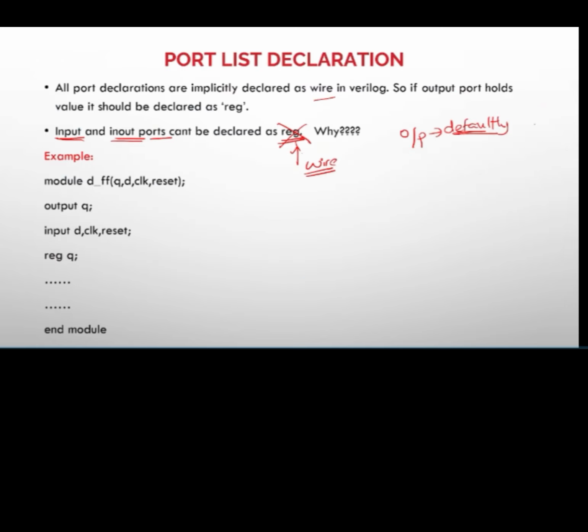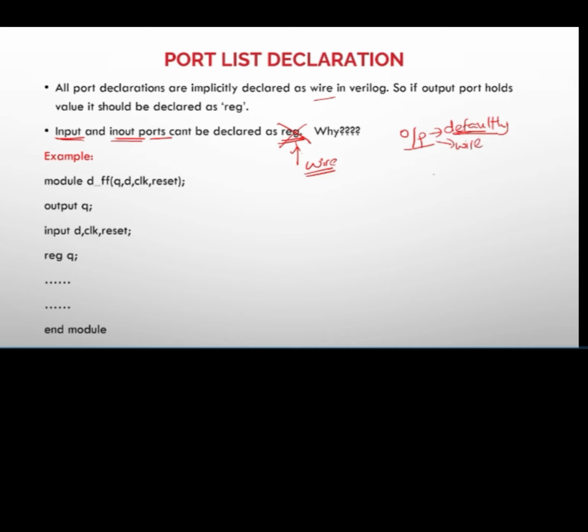For example, this is my full adder with sum and carry, and I may use another full adder or some other component, some counter or anything, and these outputs may be used as its inputs. So how could I say this is the ultimate output? Because it may have intermediate connections, by default output is wire.